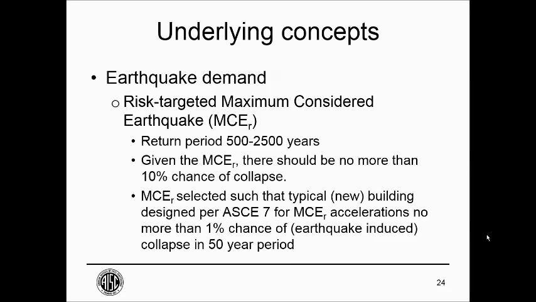So more of our reliability comes from the likelihood that this earthquake won't happen during the lifetime of the structure, and relatively less of the reliability comes from the resistance of the structure to that level of shaking. But jointly, those two probabilities come together so that, at least on paper, there's no more than a 1% chance of earthquake-induced collapse in a 50-year period. And that gives us the design forces.